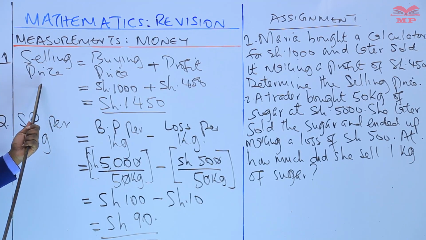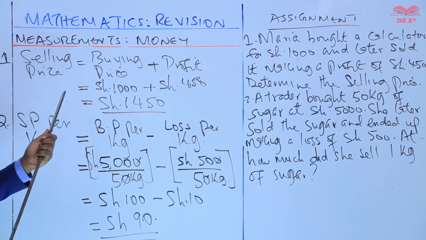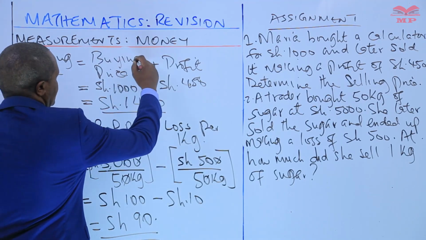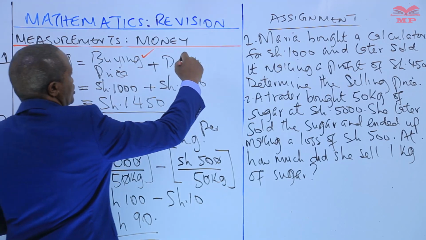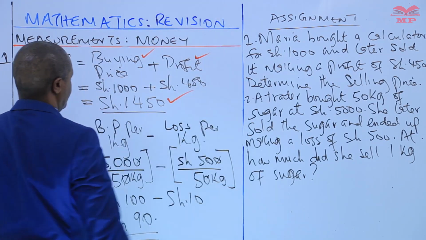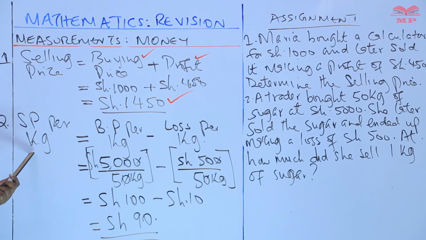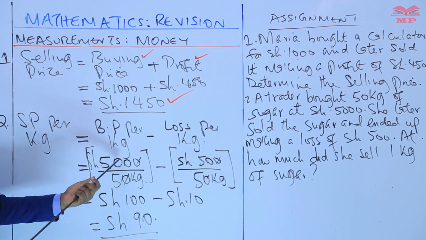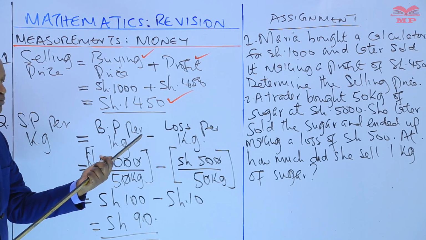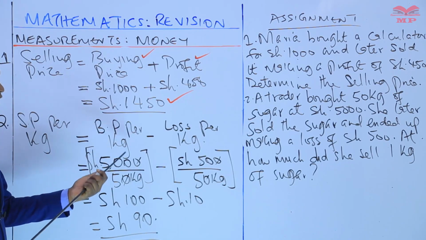The first question, determine the selling price, that's the total selling price. So we are going to get the total buying price plus the total profit, which is equal to 1,450. In the second question, you are to get the selling price per kilogram. So you are going to convert the total buying price into the buying price per kilogram.